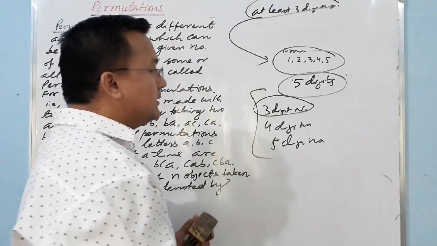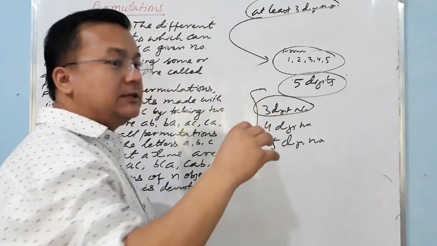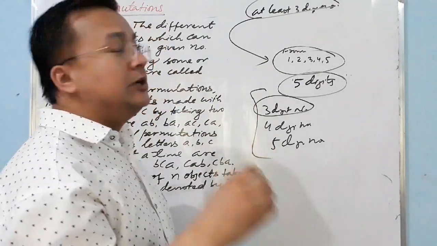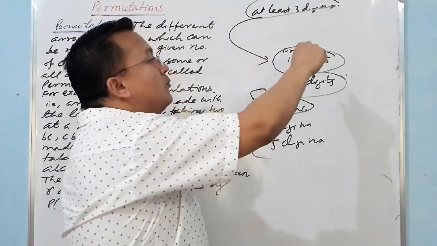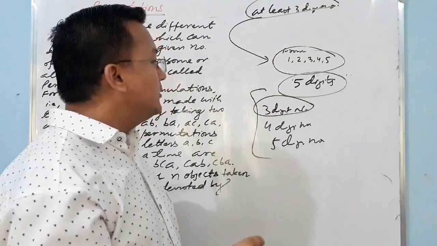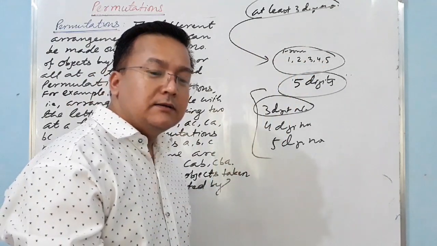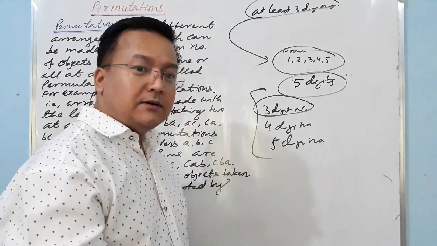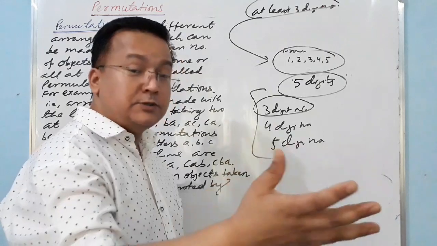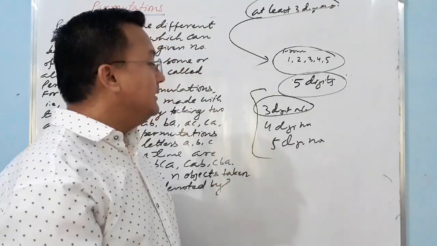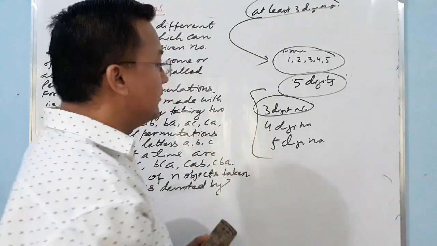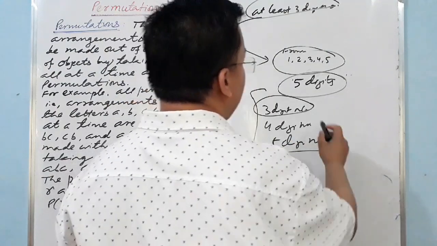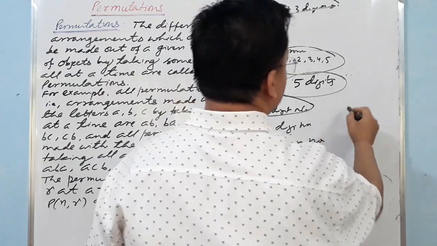As I told you, the total number of ways in which we can make at least three-digit numbers from the given 5 digits is equal to the number of ways in which 3-digit numbers are formed, plus the number of ways in which 4-digit numbers are formed, plus 5-digit numbers, meaning the number of ways in which 5 digits can be arranged.